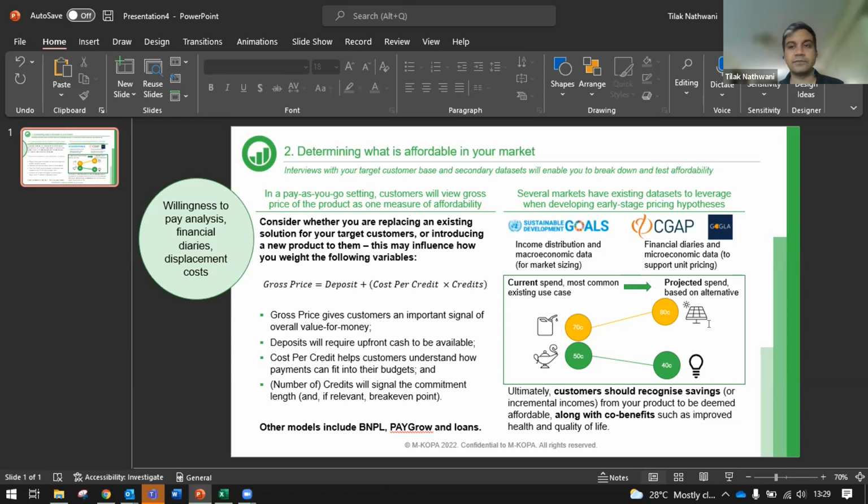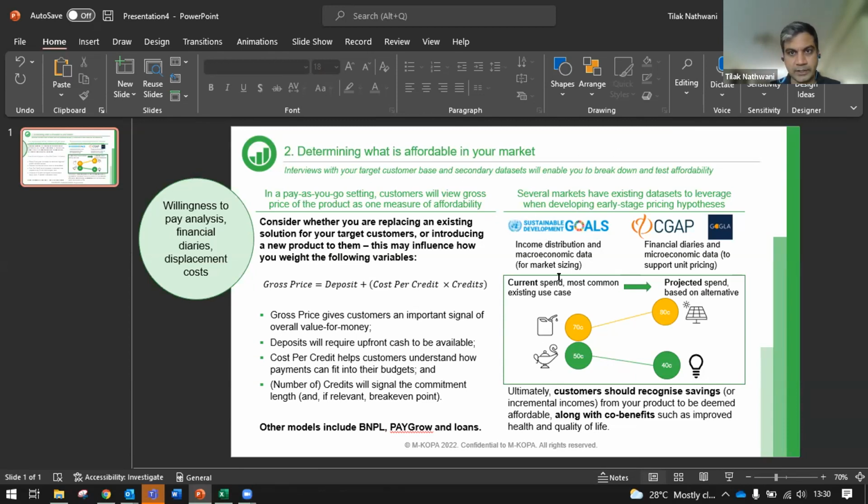Once they pay that off, it becomes their asset, or they might generate additional or incremental income, especially in the case of productive use. And of course, there are co-benefits such as improved health and quality of life that customers do factor in. But this being focused on affordability, I wanted to call those out.